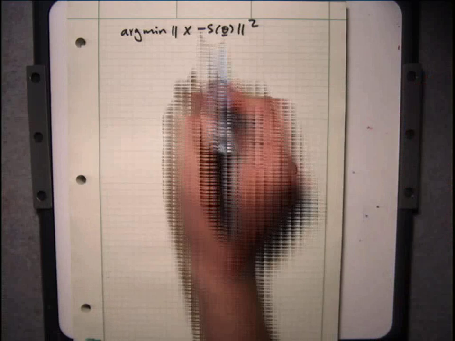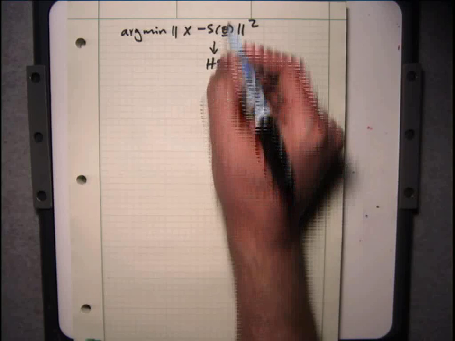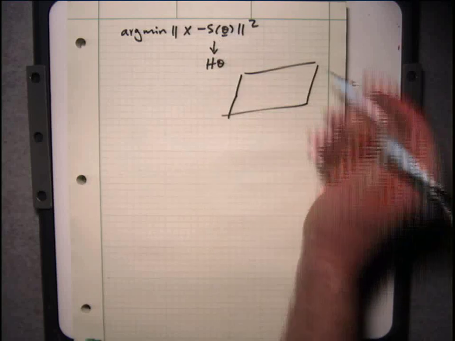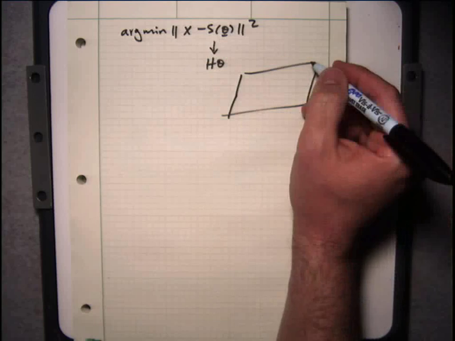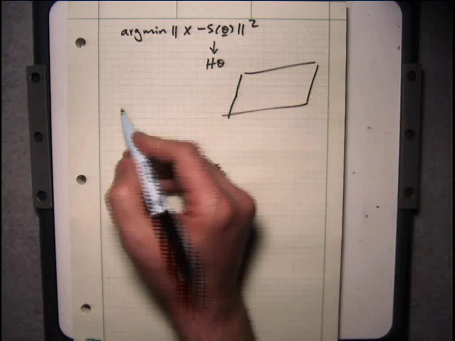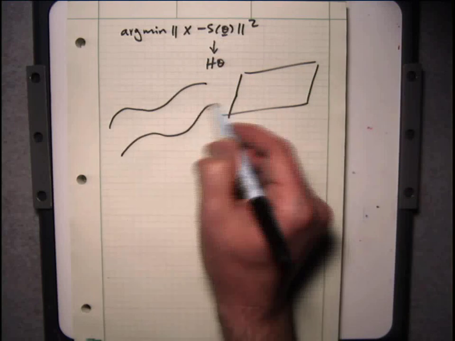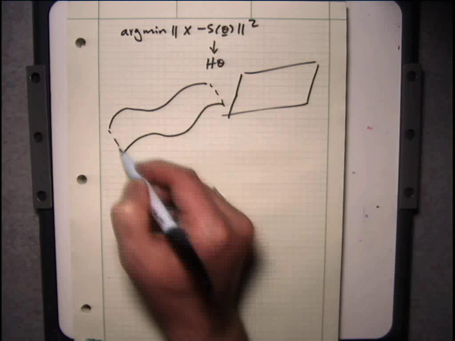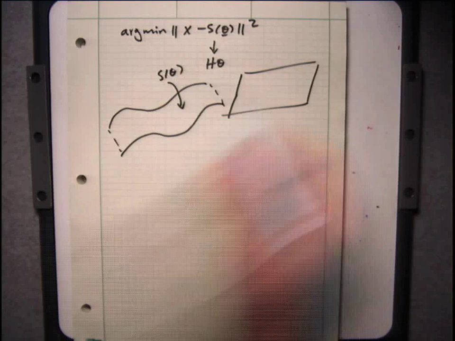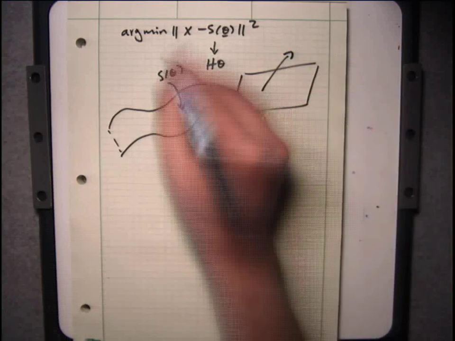So this s of theta, if this was just simply H times theta, then this signal would live in a subspace which was spanned by the columns of H. If s of theta is not a linear function of theta, then maybe there's some other complicated surface along which this signal lives, right? So s of theta is going to live here. Okay. So the bottom line was the data is not going to live in this space because it's been corrupted by noise.